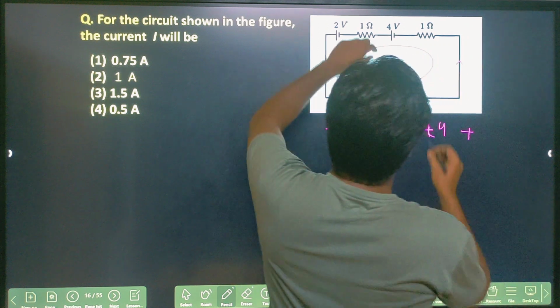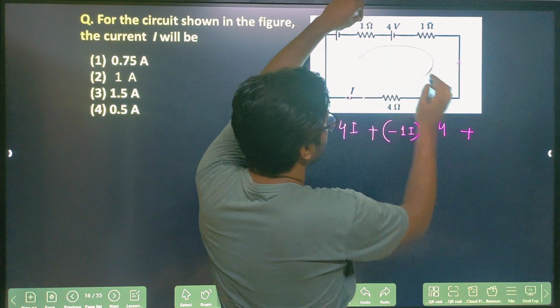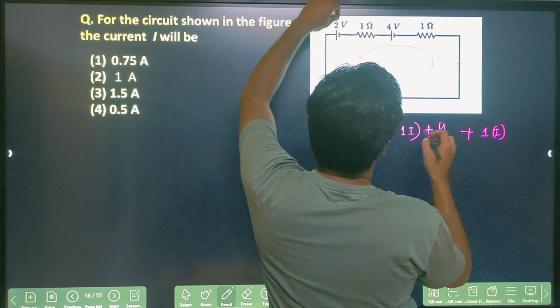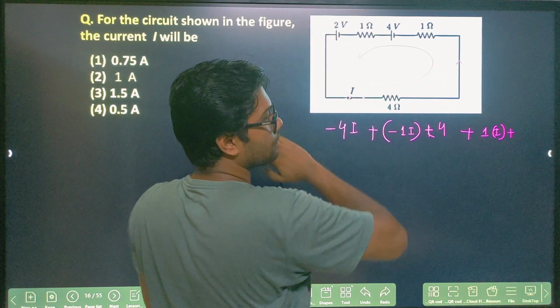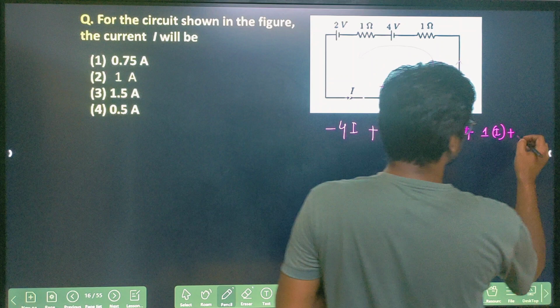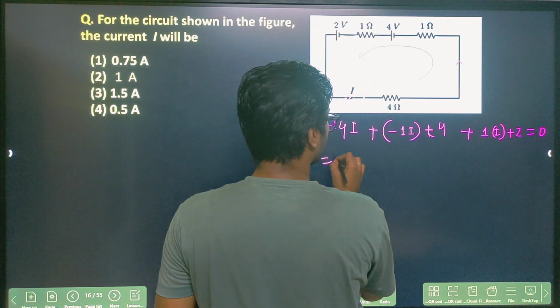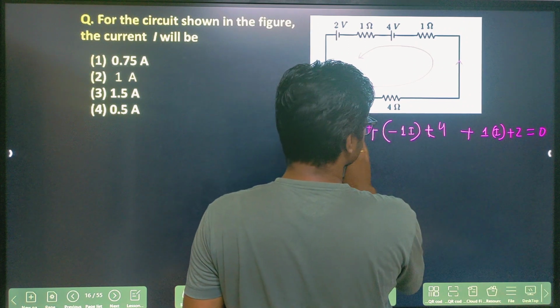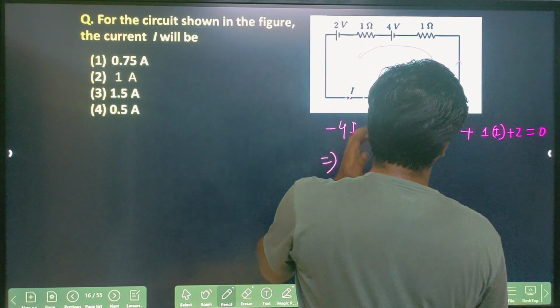Plus, along the direction of the current through this resistor, this is 1 into I. Plus, from negative to positive, there is a rise in potential, this will be plus 2 is equal to 0.